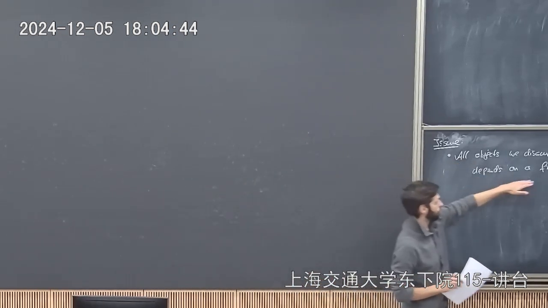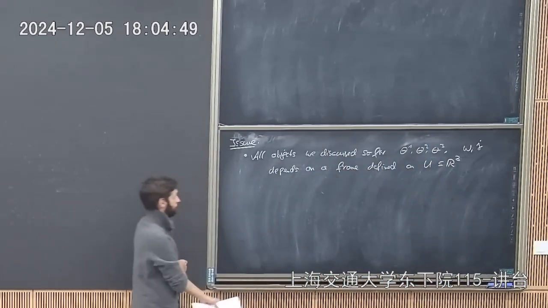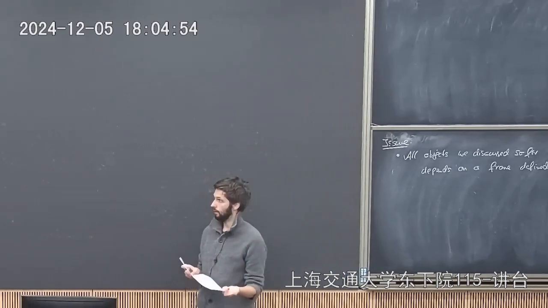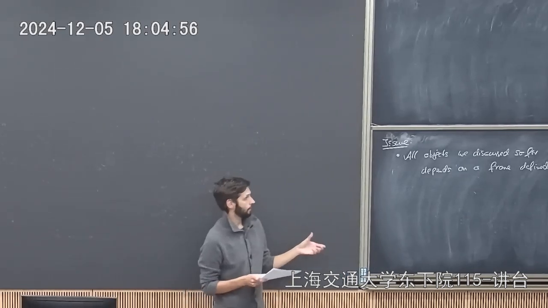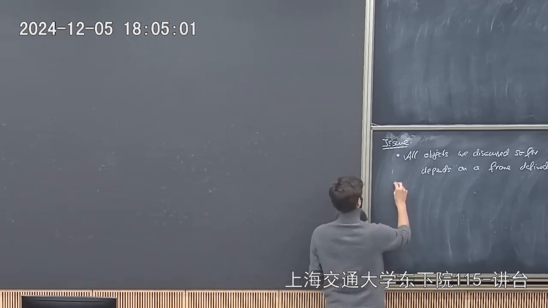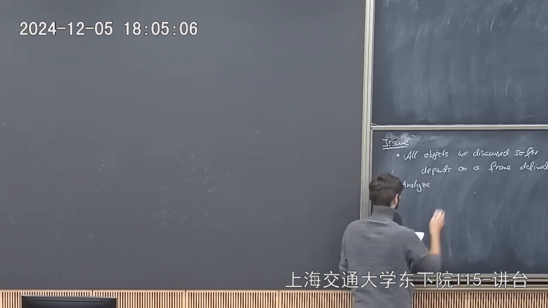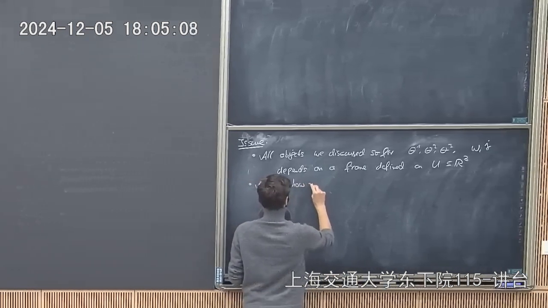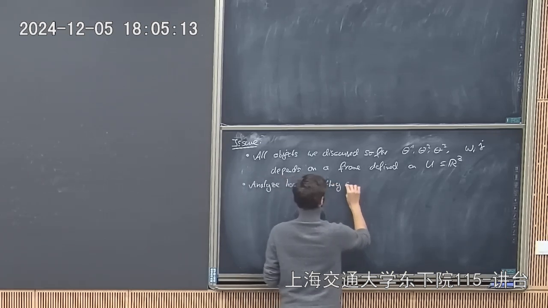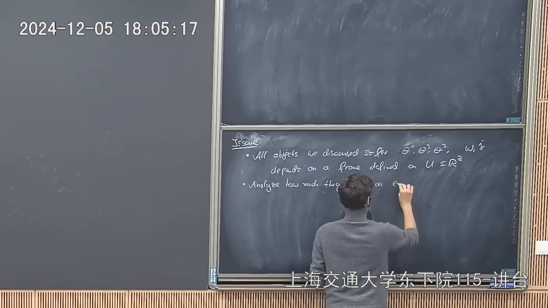We always choose some frame, and then we define the dual frame and the connection forms in terms of the frame. But now we would like to single out what is intrinsic and only depends on the surface itself. So the idea is to analyze how much they depend on E3.